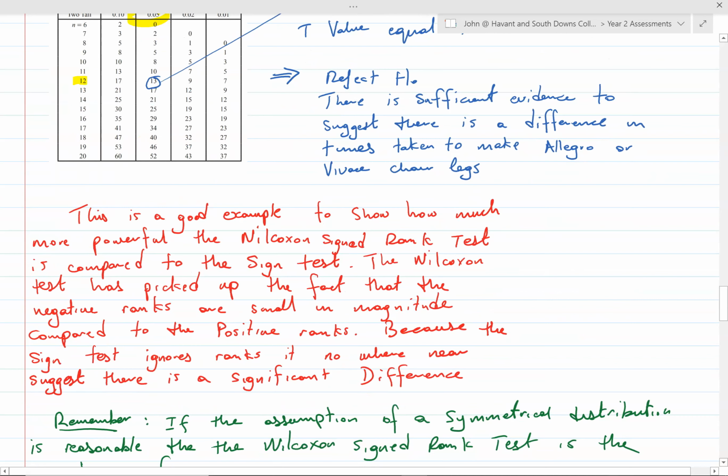Obviously there's a chance that we've come up with a type 1 error, that we've incorrectly rejected H0, but that chance is only 5%. There's always that danger, we're never certain of anything, but in the longer run, if you apply the Wilcoxon signed rank test, you will more often correctly reject H0 and less often incorrectly reject H0, which after all is often what we're trying to do when we're doing hypothesis testing.